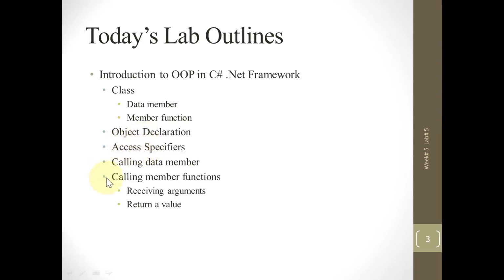And at the end, we will be calling all these members, that is data members and member functions. We will also be receiving some arguments within the member function and will also return some value from the member function. So now let's start today's topic.